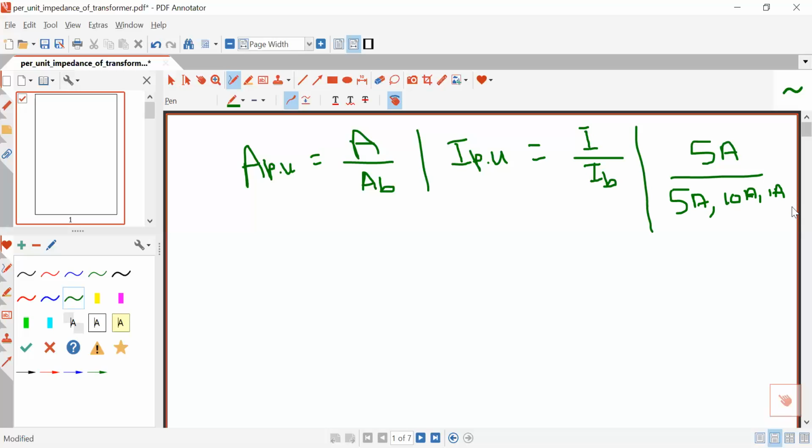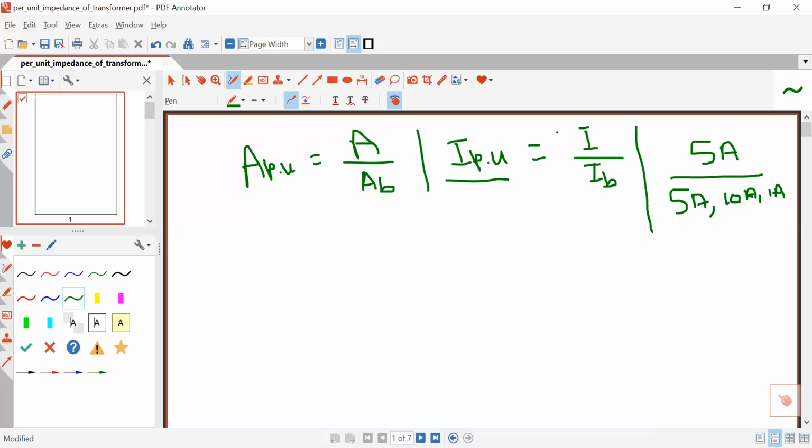The important point is that the dimension of the base value should be the same as the dimension of the actual value, or you can say the per unit system is a dimensionless system. The result which you obtain after the division has no dimension.